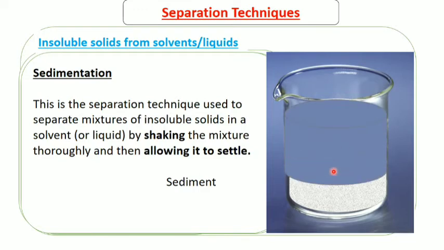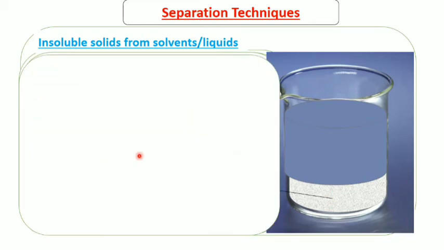After some minutes, you're going to have a clear liquid on top and the insoluble particles on the bottom. So this is sedimentation. These insoluble solid particles at the bottom are called sediments. That's all. You have got a pure liquid on top and the insoluble substance on the bottom.